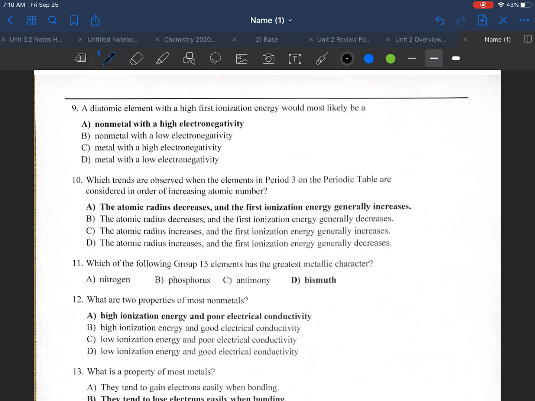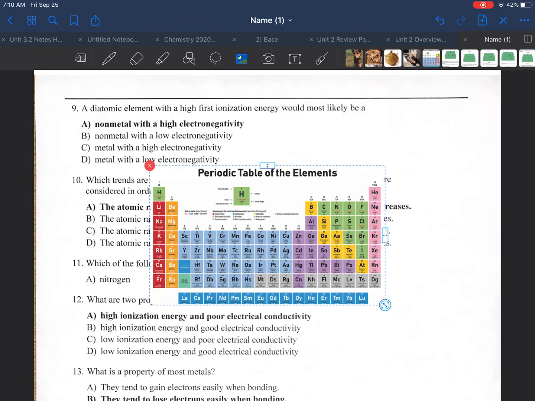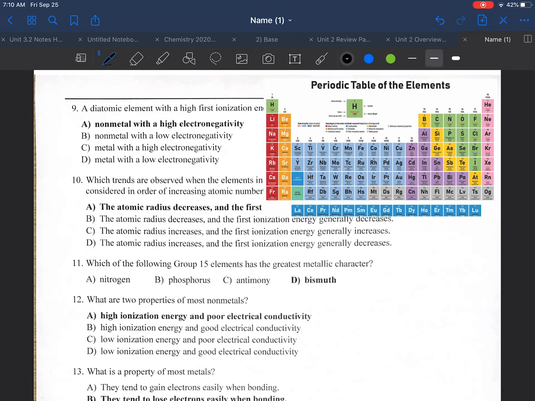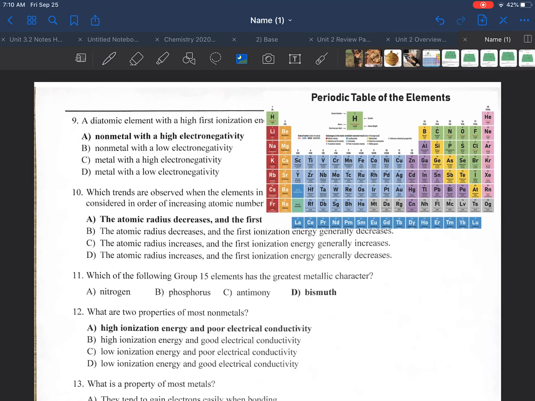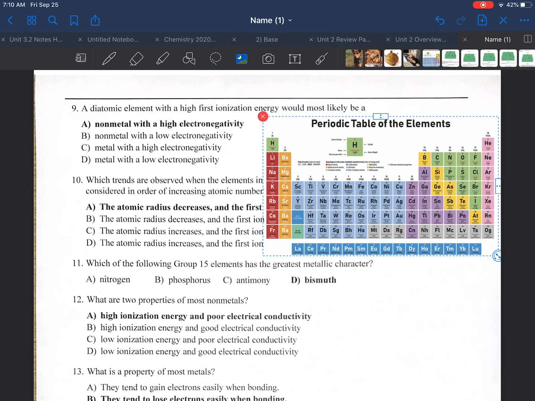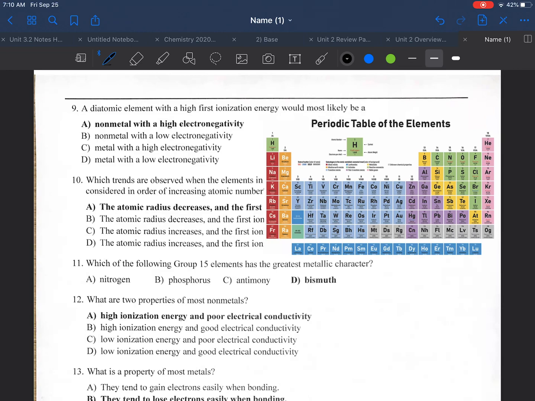The diatomic element with a high first ionization energy, what would it most likely be? If we pull up this table, sorry, I want to make sure you guys are able to read the question.